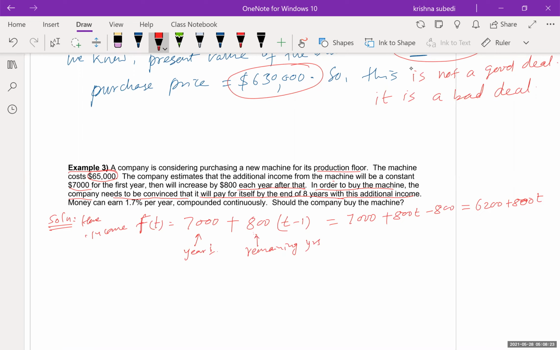Money can earn, so r is given, which is 1.7%, and T is given, 8 years. You can change this into decimal, which is 0.017. That's what you get. T is 8 years.